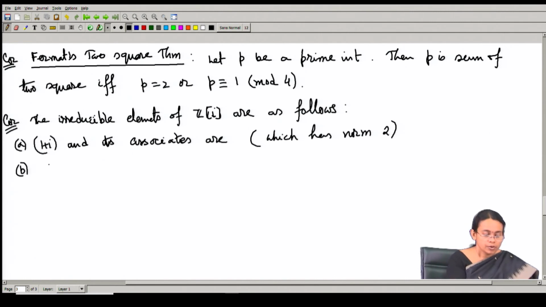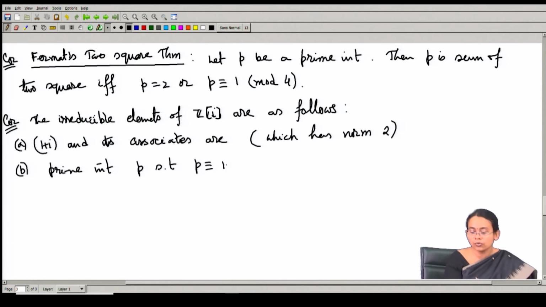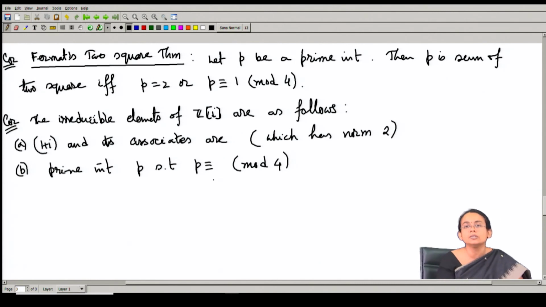Then the prime integers p such that p is congruent to 3 mod 4, because we know that if p is congruent to 1 mod 4, in that case p is not a prime, and that was an if and only if condition.